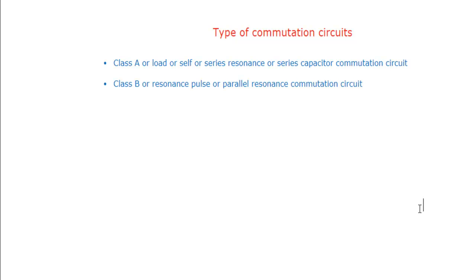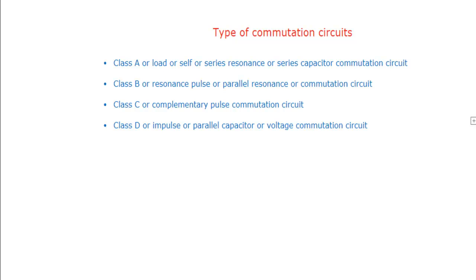Most of the time these are used in DC to DC converters or inverters. Class C, or complementary pulse commutation circuits, generally are used in HVDC systems and circuit breakers. Class D, or impulse, or parallel capacitor, or voltage commutation circuit, will also be used in DC to DC converters or inverters.